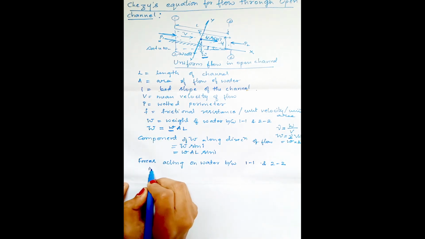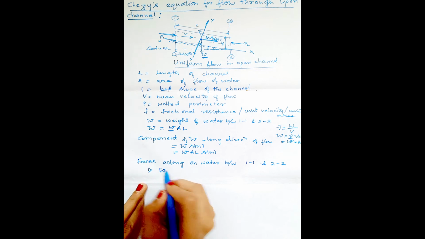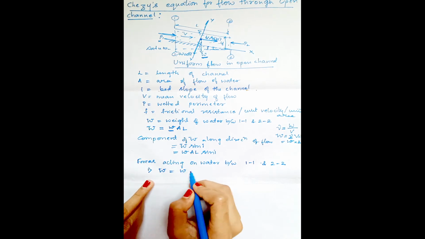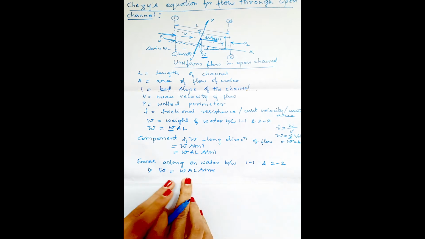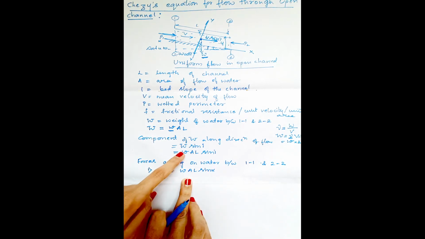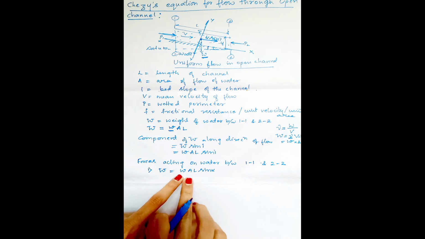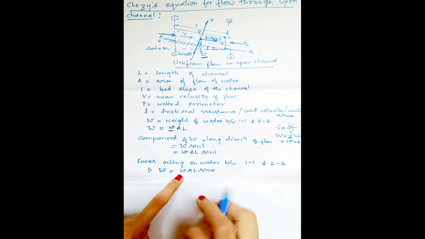The first one is the weight component along the direction of flow, that is W sin i, which is w A L sin i.